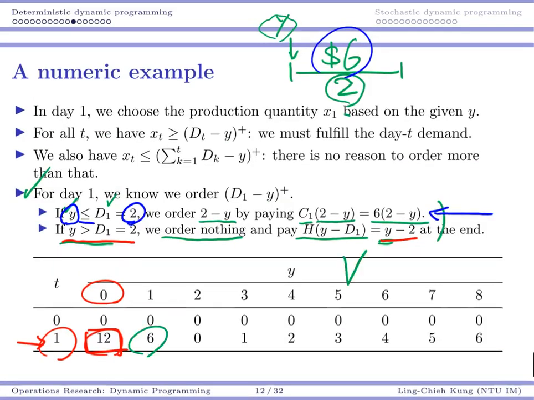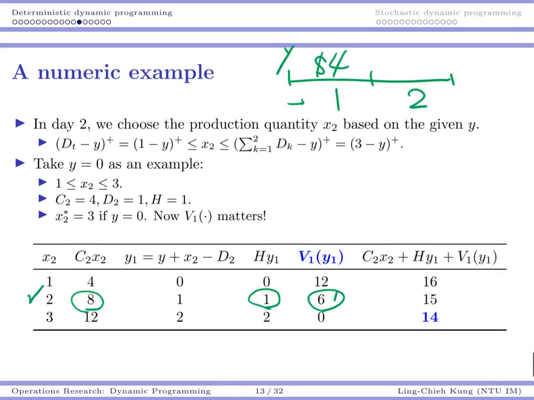I already know V1 of 1 is 6. So that's how I get this 6 as my cost for tomorrow. Collectively, I have 15. And if I produce 3 units for today I need to pay 12 as production cost, 2 as inventory cost, but then for tomorrow, I don't need to do anything.